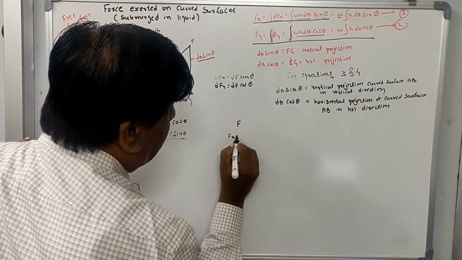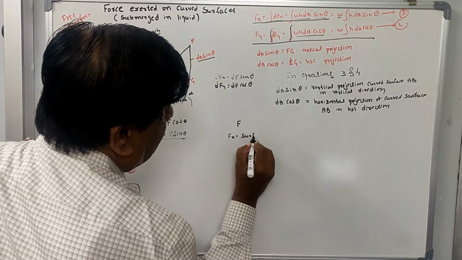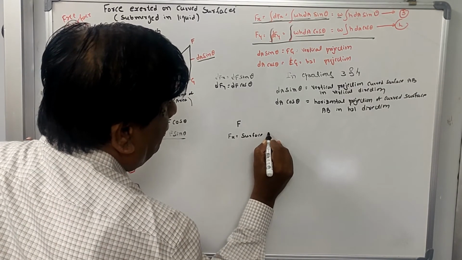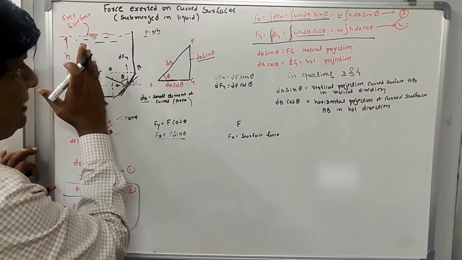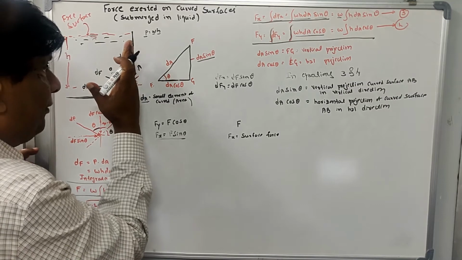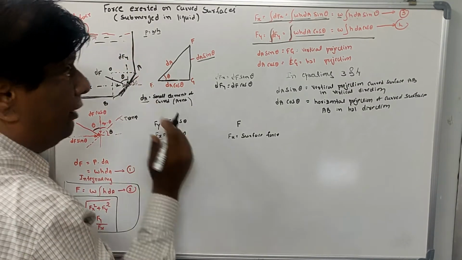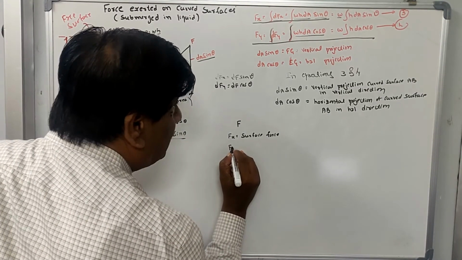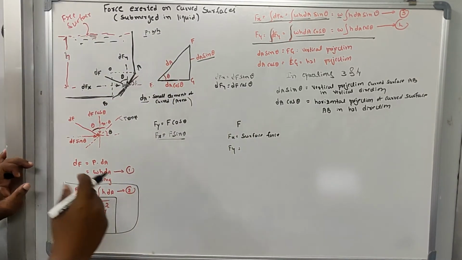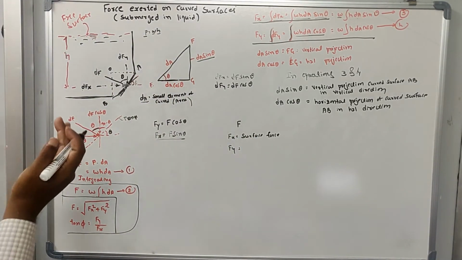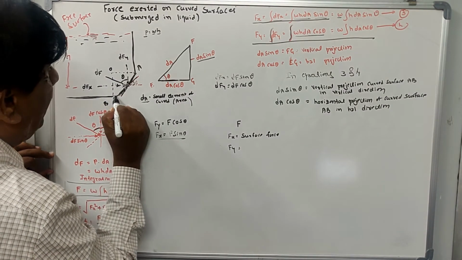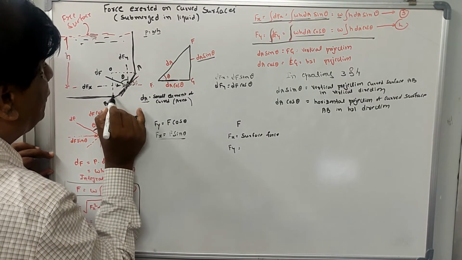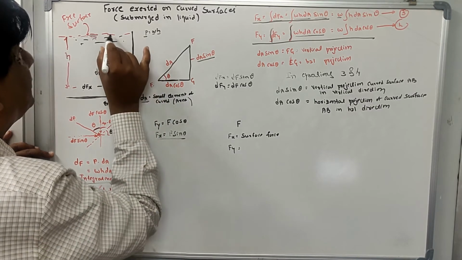Fx is the surface force because it is acting on the surface. And Fy is the vertical component. It means it is the weight of the water which is resting on this curved surface.